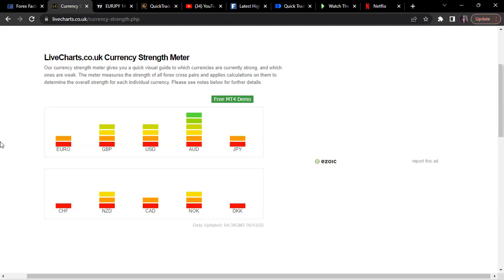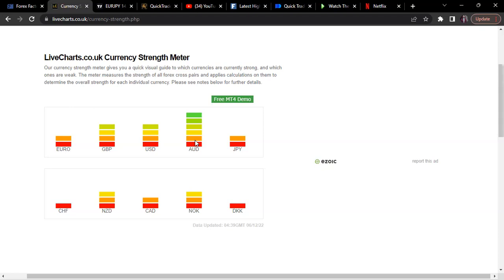So let me give you guys an example. Let's look at AUD JPY and AUD CHF, right? Can we all agree that in both AUD JPY and AUD CHF, AUD being the first currency is stronger than both, right? AUD JPY is a currency pair.